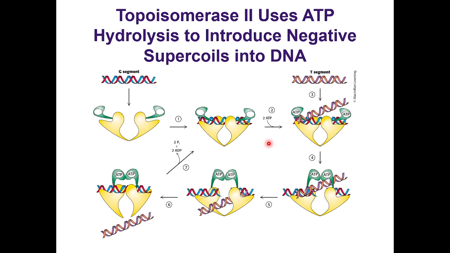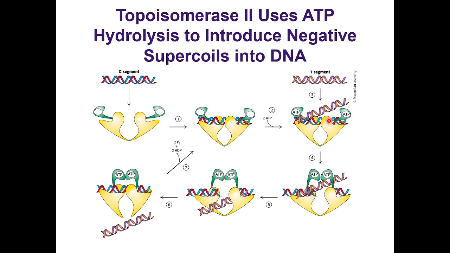So first we bond the first portion of the DNA strand, which is going to be the G segment. So we bind that here, and that's going to change our conformation. Now, what's going to happen next is we're going to actually get the ATPs bound and the T segment bound, okay? And so now we're ready to go.